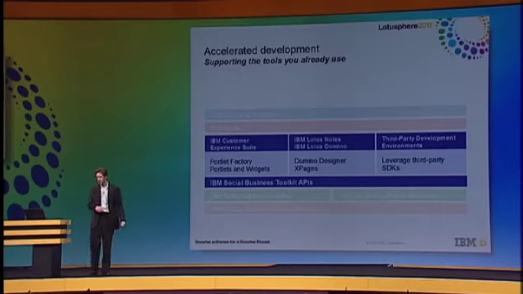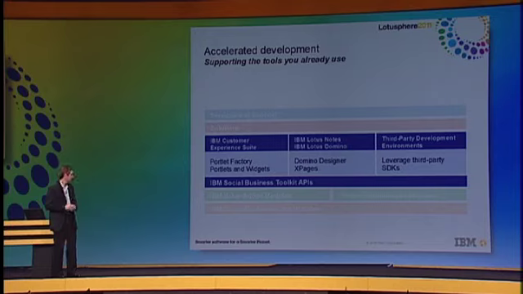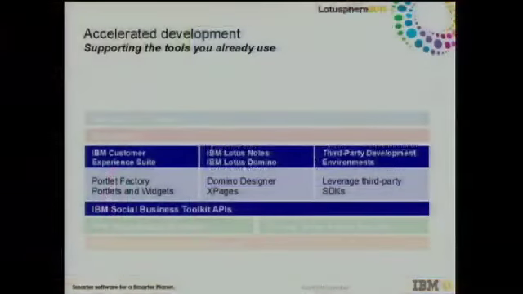So just to be clear, our tooling approach here is to take the strategic tooling that you're already using and make the toolkit APIs interoperate in that environment. Portlet Factory, of course, works really well with REST APIs, so it should be very easy to take Portlet Factory and create portlets and widgets using the builders that you already know how to work with.